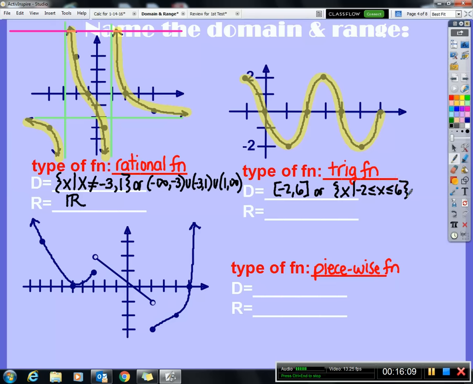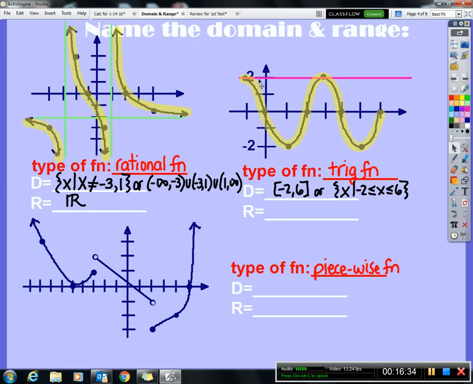Now, do you see that the range is similar in that it's completely bounded the same way the domain was? If I get my pink line, then the lowest y value that touches the graph, as I'm coming up, is y equals -2. The graph touches every y value somewhere on the graph all the way up to y equals +2.